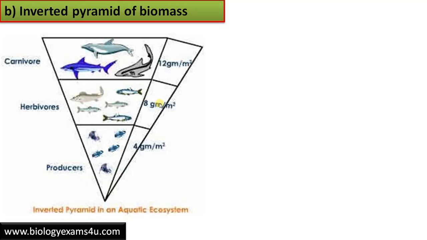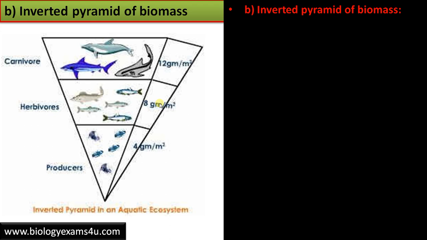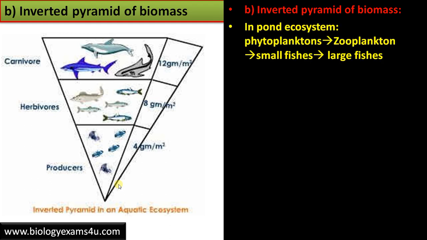There are some exceptions. Inverted pyramid of biomass. In the case of inverted pyramid of biomass, take this case, the producers in an aquatic system are actually phytoplankton with very low weight. Then there is zooplankton that is feeding upon this phytoplankton. It also has low weight, comparatively more weight than these phytoplankton.